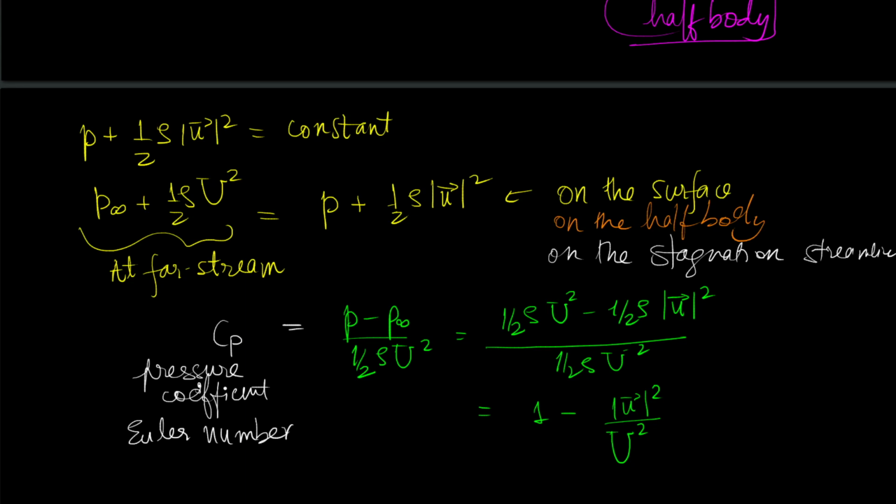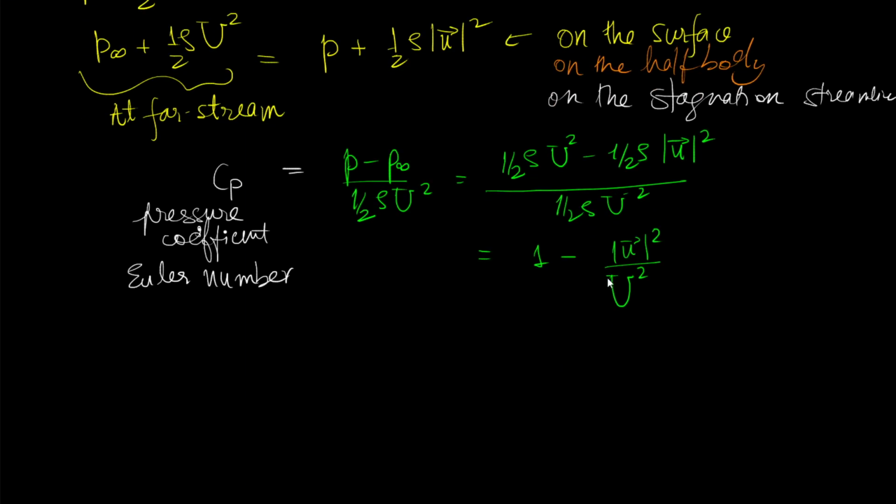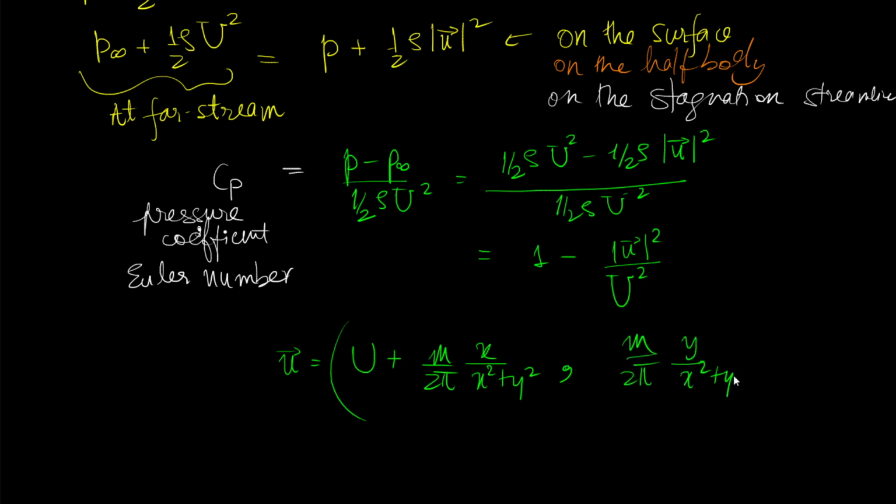Now the expression for this velocity, U vector, we have already seen that it is equal to m upon 2 pi, x upon x square plus y square, comma m upon 2 pi, y upon x square plus y square.